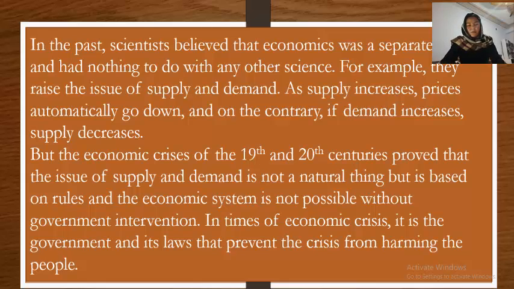But the economic crisis of the 19th and 20th centuries proved that supply and demand is not a natural thing, but is based on rules, and the economic system is not possible without government intervention. In times of economic crisis, it is the government and its laws that prevent the crisis from harming the people.